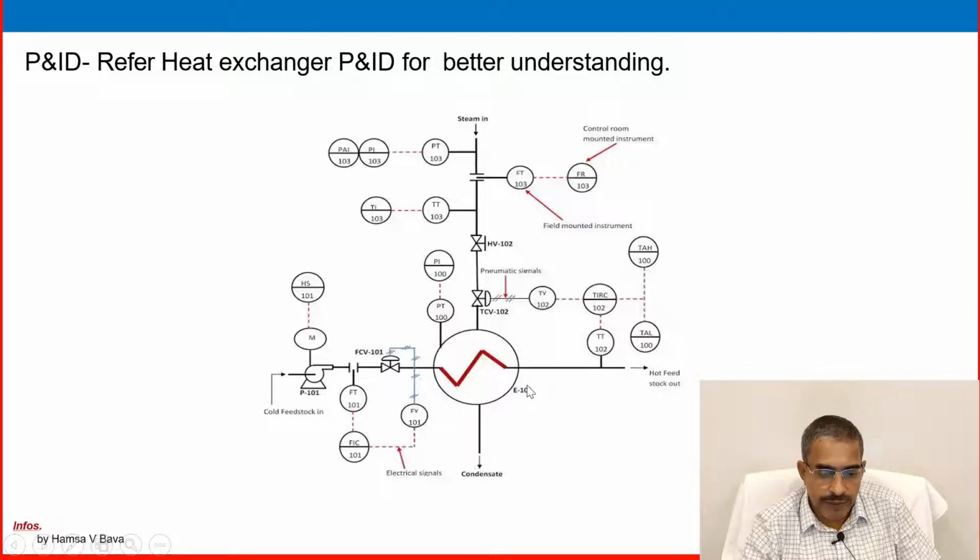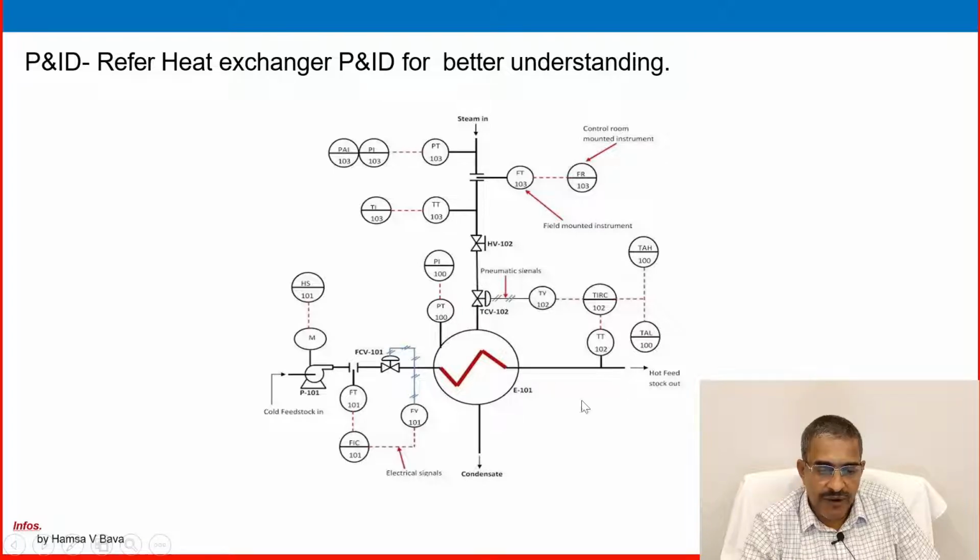Look at that one, the process equipment is E101, a heat exchanger, and steam is coming. The steam goes out as condensate, and the feed enters through the pump and goes to the hot fluid side. There is a control system here, forget about that one, a flow controller after the pump outlet maintaining a constant flow to the heat exchanger.